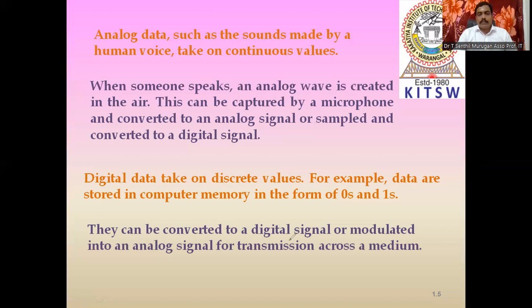They can be converted to a digital signal or modulated into an analog signal for transmission across the medium. Whenever the data is to be transmitted, at that time digital data is converted to analog signals. Whenever it is recorded, the analog signal is converted to digital data. That we have to remember.